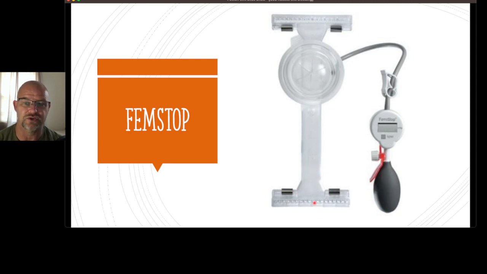You pull those straps tight, and then you can actually inflate your cuff here, your bulb, and get pressure. Initially, per FemStop's instructions, you want to be 10 to 20 millimeters of mercury above systolic initially to get hemostasis, but for no more than 3 minutes. And then you want to walk that back down until you have no bleeding, but a palpable pulse distal to that. And a lot of times that pulse oximeter can be a help for that as well.